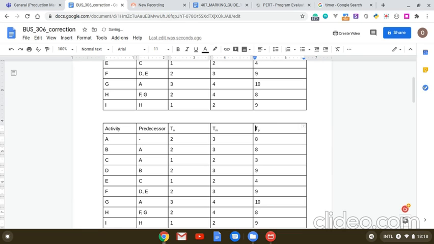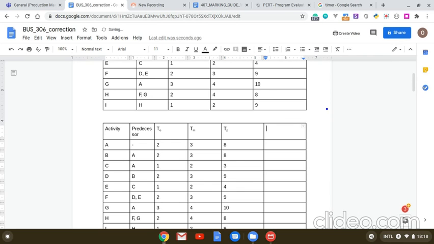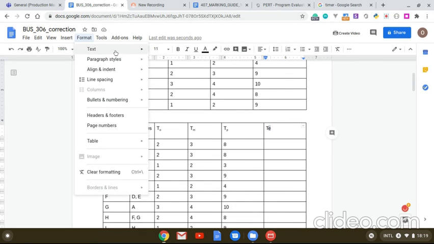I remove this pessimistic time. Now I need to create a column to the right. So I right click on this column and I add a column to the right. I want to calculate my expected time, TE. I highlight E and I format it to be subscript.